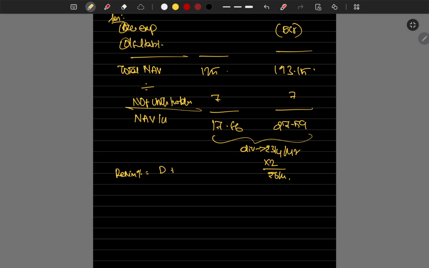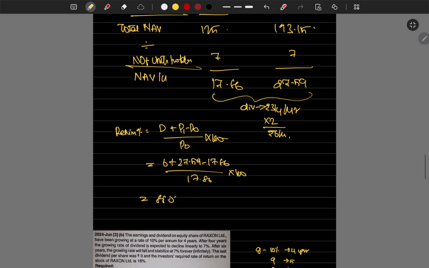D plus P1 minus P0 divided by P0 into 100 is the formula. What's D? 6. P1 is 27.59 minus P0 is 17.86, divided by 17.86 into 100. 6 plus 27.59 minus 17.86 divided by 17.86 into 100, which is 88.07 percentage rate for 2 years.